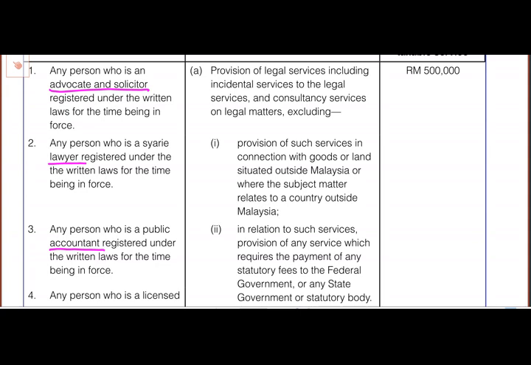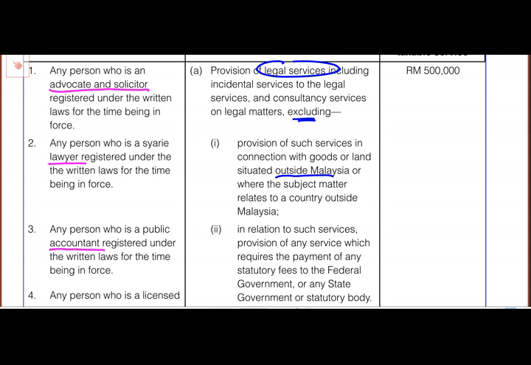For example, if you have legal services, they always exclude when this is services to do with goods or land situated outside Malaysia. So if somebody wanted to buy a piece of land in Australia and they get your service for that, you don't impose 6% on that because this is concerned with goods or land outside the country.